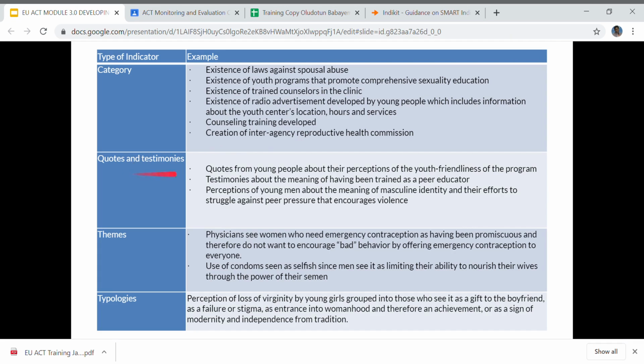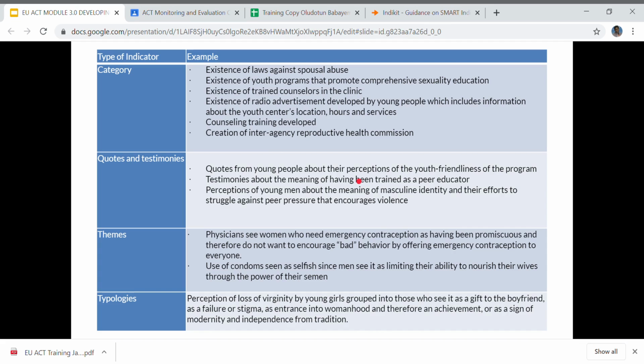Quotes and testimonies. Yes, when you get quotes from your program, this is important, and I think it's one of the easiest things to do: to interview a program participant and get quotes from them, and also what we call testimonies about certain things your program has addressed.